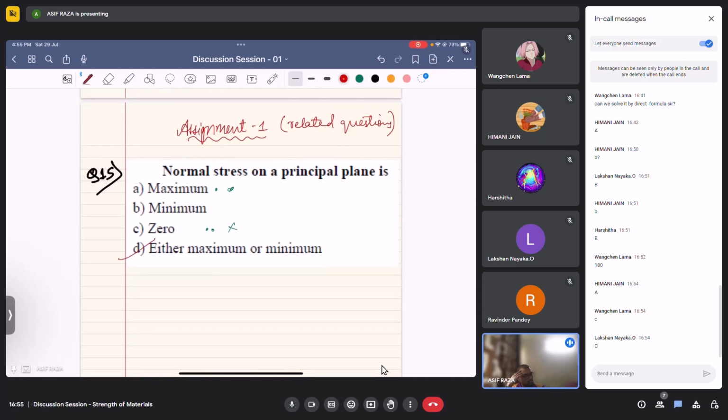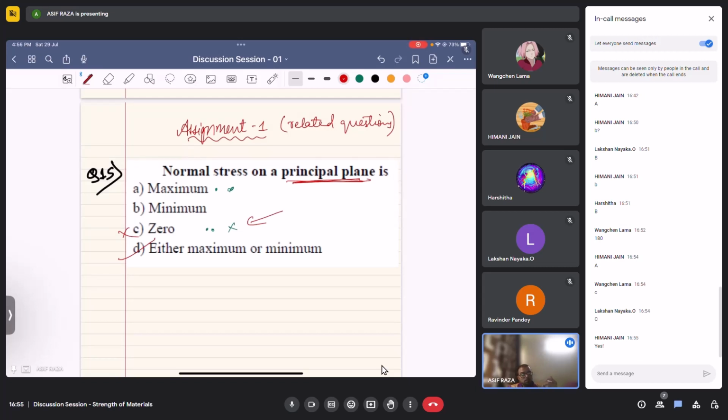Okay, let's see why option C is a wrong answer. Normal stress on a principal plane. A principal plane has the feature where shear stress is 0, not the normal stress. Normal stress can be 0 only in the minimum or maximum case, but not specifically 0. That is the case for shear stress. The definition of principal plane is like that only, right?